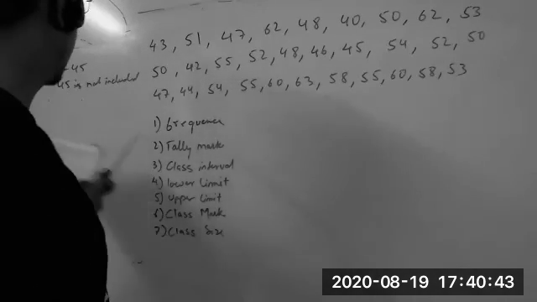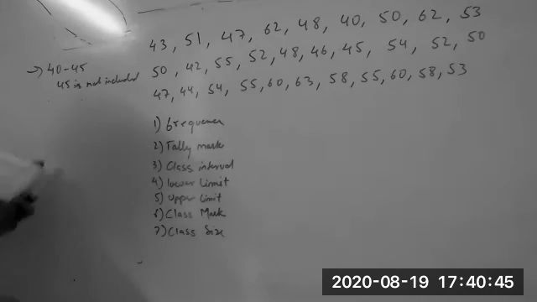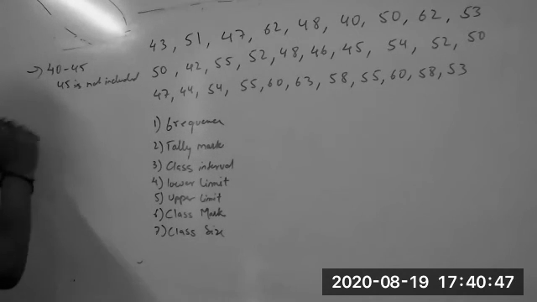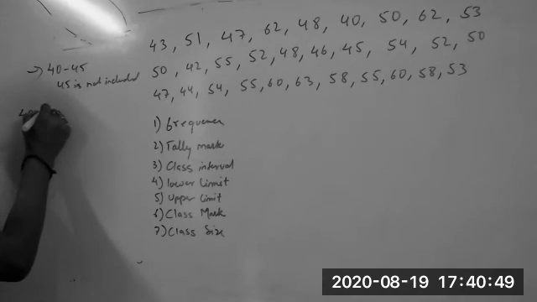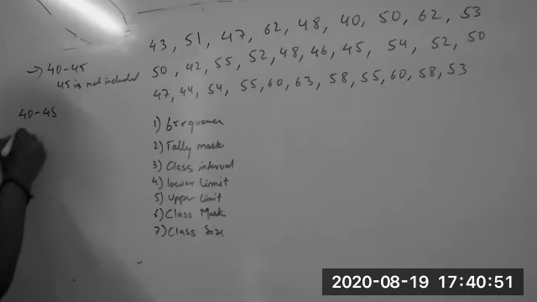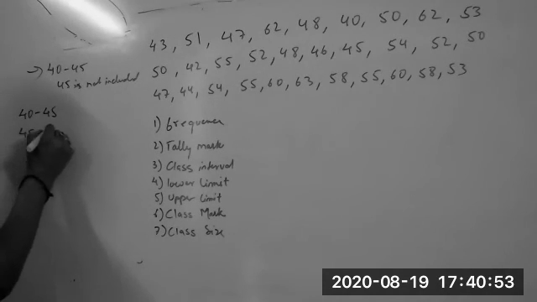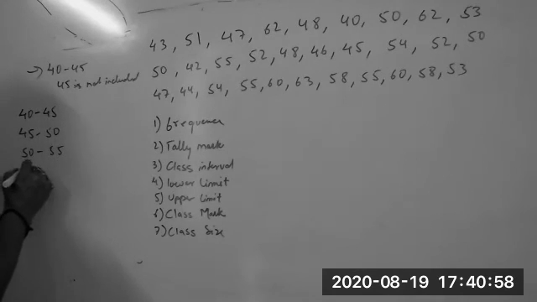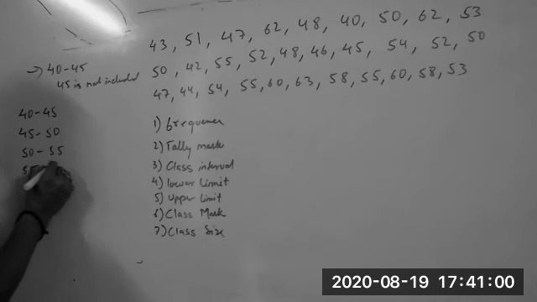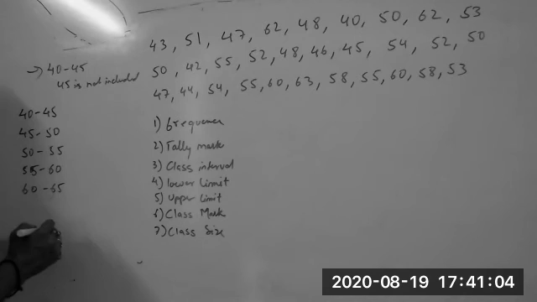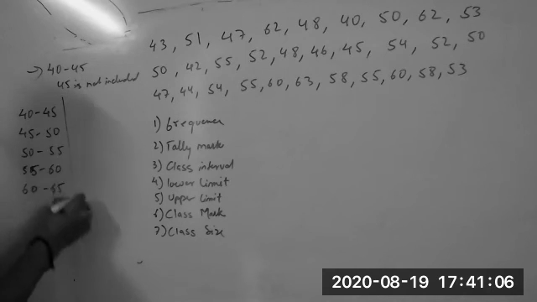Since the class interval 40 to 45 is given, it will be 40 to 45 and 45 not included. Next will be 45 to 50, 50 to 55, 55 to 60, 60 to 65. Correct? Yes.